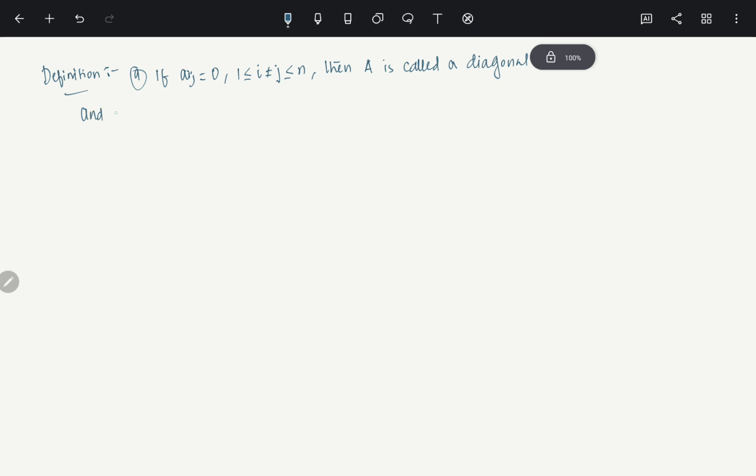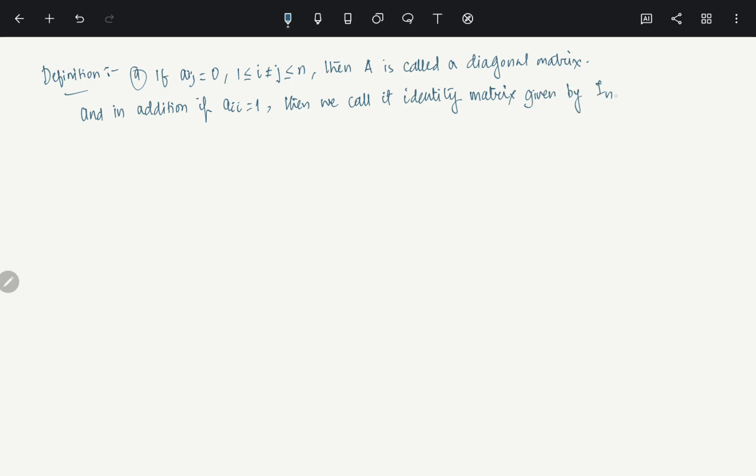And in addition, if a_ii is 1, then we call it an identity matrix, given by I, m cross n.